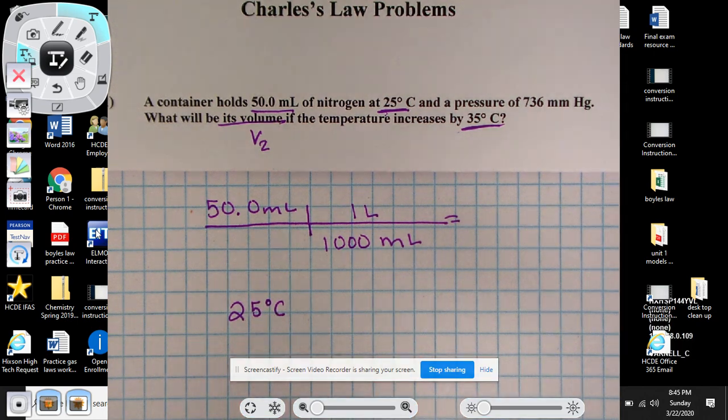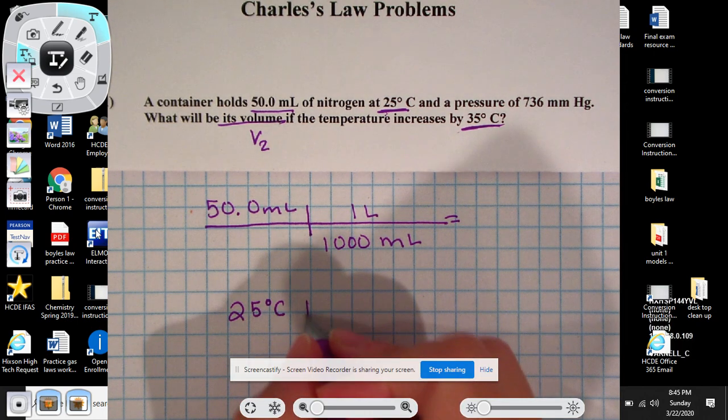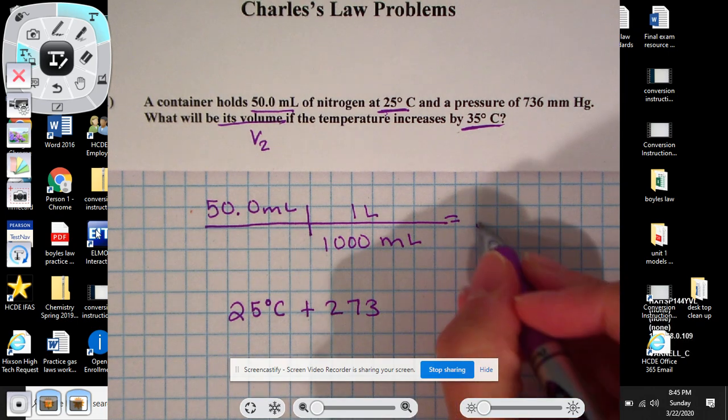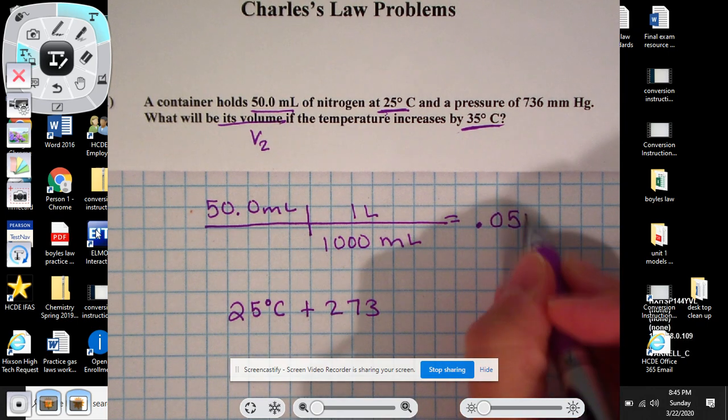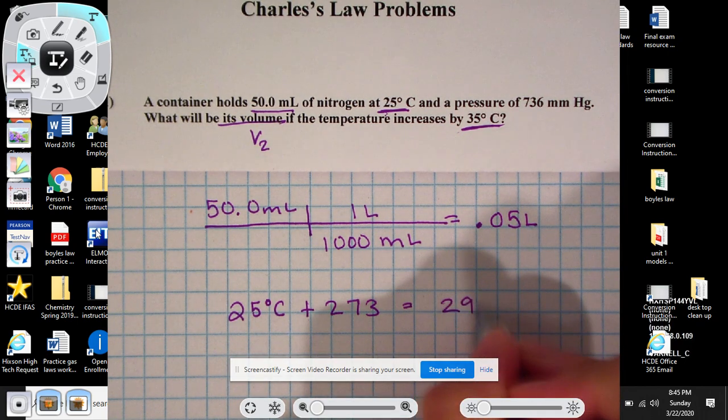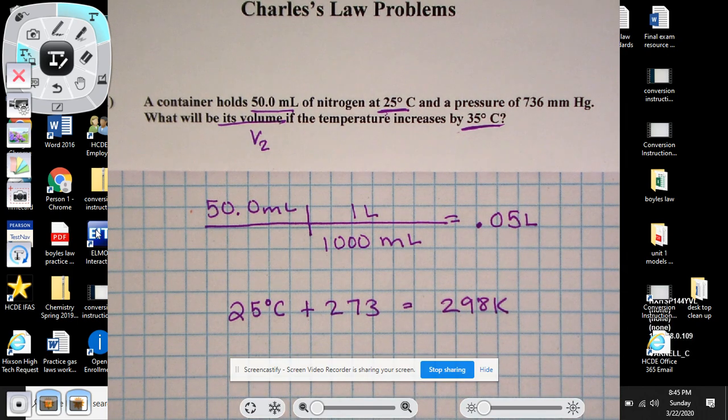And if we want that to be in Kelvin, all we do is add 273. All right, so this one's 0.05 liters. This is 298. I'm scared to trust my math this late at night. It is 298. Whew. At least I can still do math.